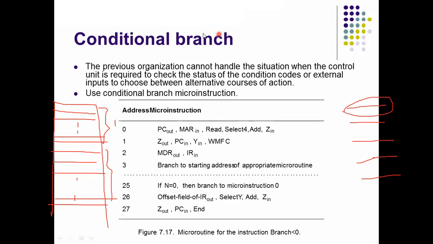Suppose there are conditions in our micro instructions. The previous organization cannot handle the situation when the control unit is required to check the status of condition codes or external inputs to choose between alternate courses of action.